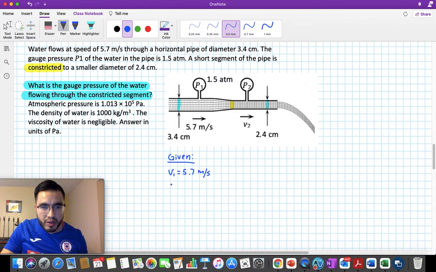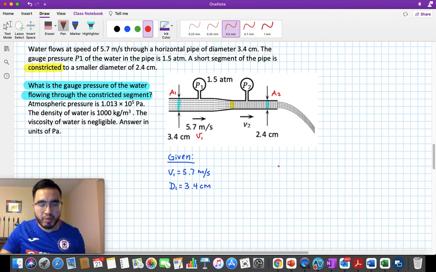We're going to call this diameter 1, which is 3.4 centimeters. And I think we should label the stuff over here. So this is velocity 1. This one is cross-sectional area 1. This one will be cross-sectional area 2. We have velocity 2 over here, and then we have the pressures.